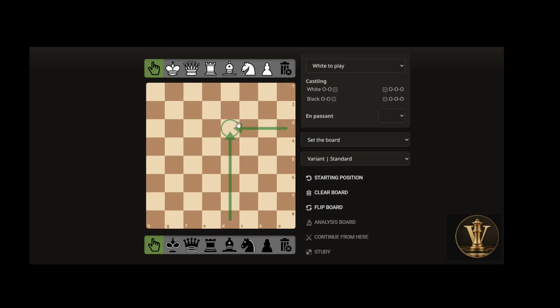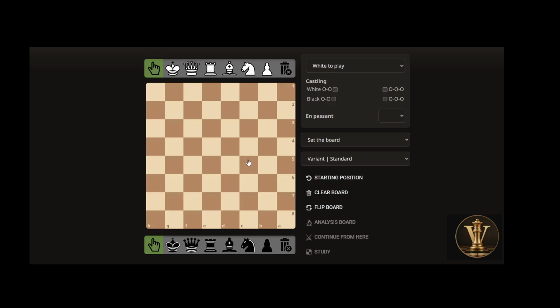Remember, when you were dealing with the white side, the alphabets started from left to right: A, B, C, D, E, F, G, H. But when you are dealing with black pieces, the alphabets get inverted. They start from right to left. That is this way: A, B, C, D, E, F, G, H.